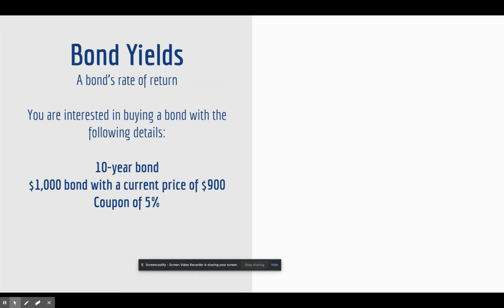All right, so one other way, and this will be the last way that we're going to look at measuring bonds as an investment in terms of return, is something called the yield to maturity. Up until now, we've talked about the coupon rate, and we've also talked about what the bond is currently yielding.